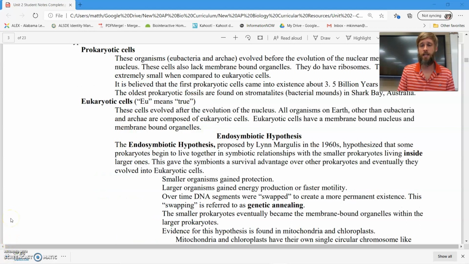Okay, so it is believed that the first bacteria came into existence approximately 3.5 billion years ago. And the evidence for that time frame are the prokaryotic fossils found in what are called stromatolites, which are bacterial mounds found in sharp clay. So I have here a little picture of that.